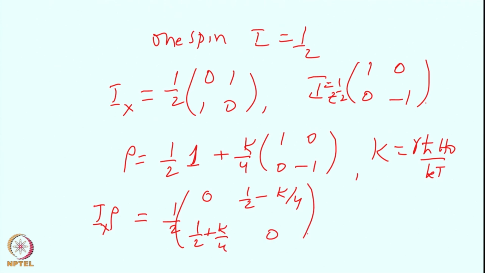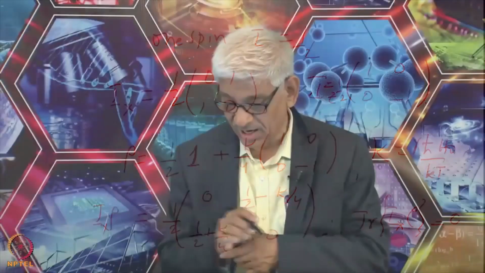Therefore the trace of Ix rho, which is the sum of the diagonal elements of this product, is equal to 0. Therefore there is no X magnetization in the equilibrium state. This we have also said earlier: at thermal equilibrium, off diagonal elements are 0, and this is mathematically shown here, that the X magnetization is 0 at equilibrium.